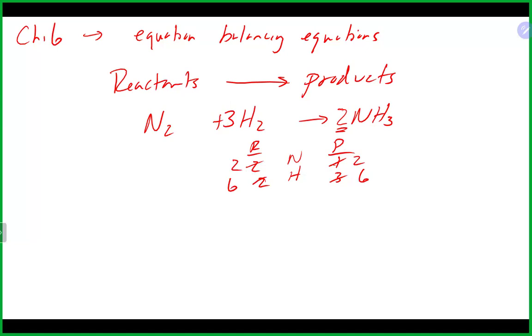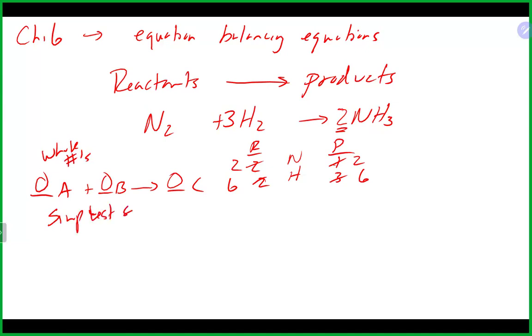A couple of things we talked about. Remember that you can use a fraction to balance the equation, but you do have to get rid of the fraction. When you're all said and done, all your coefficients in front of something need to be whole numbers, and they need to be the simplest set of whole numbers.